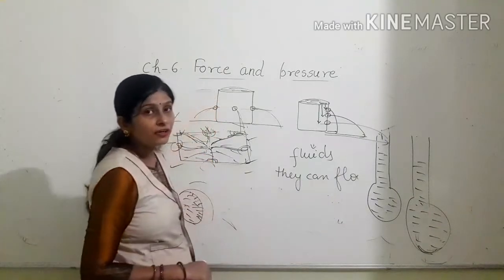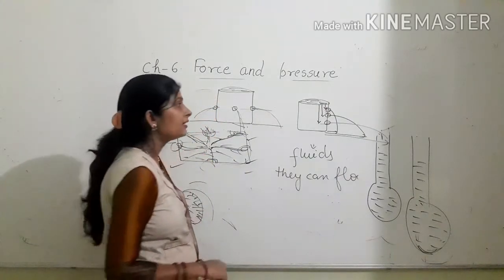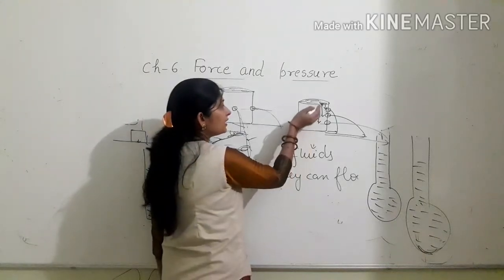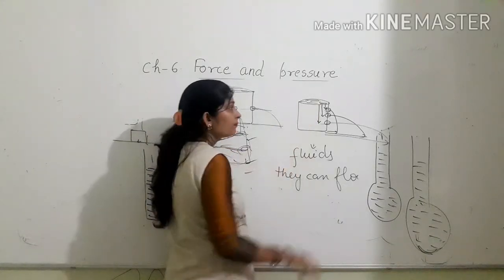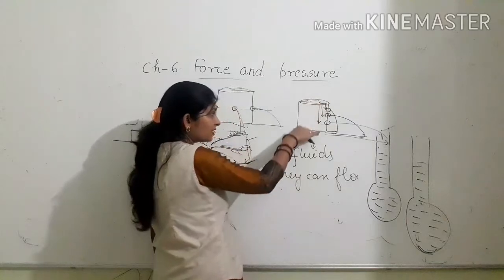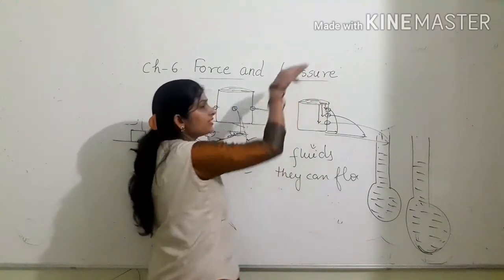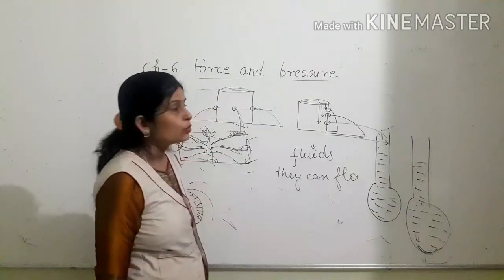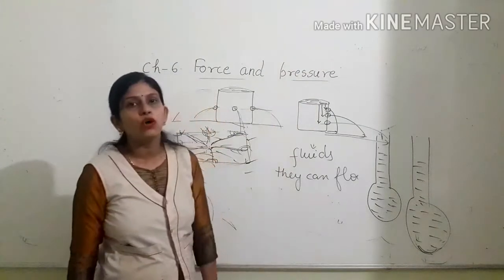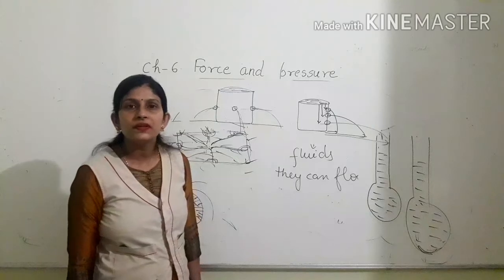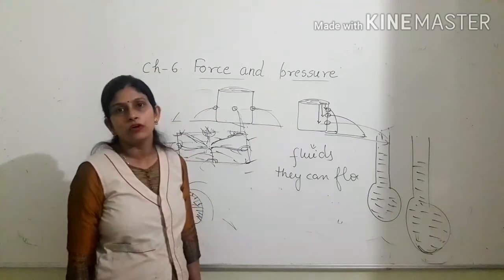We can infer from this activity that pressure exerted by liquid increases with increase in depth and decreases with the decrease in depth. So as you go deep in water, you will experience more pressure by water.